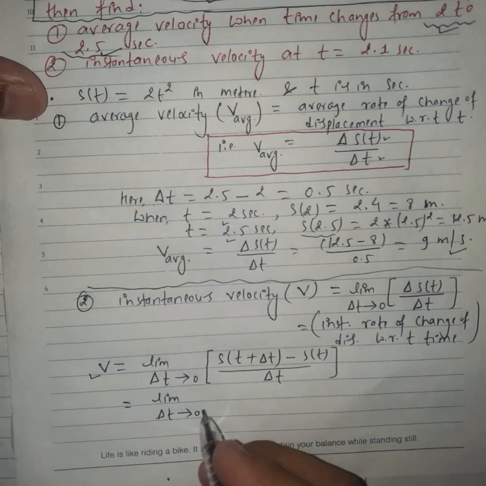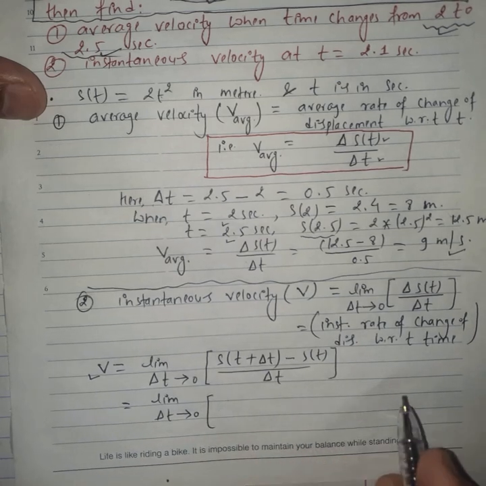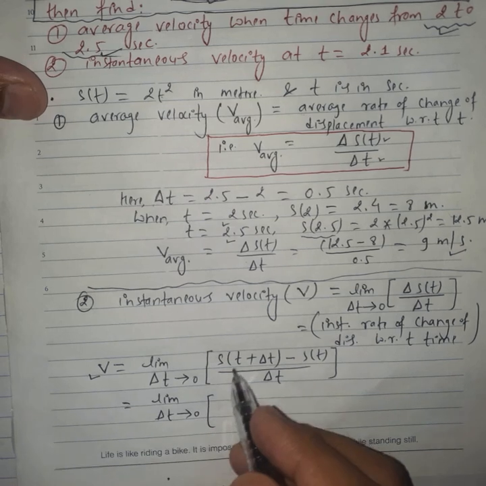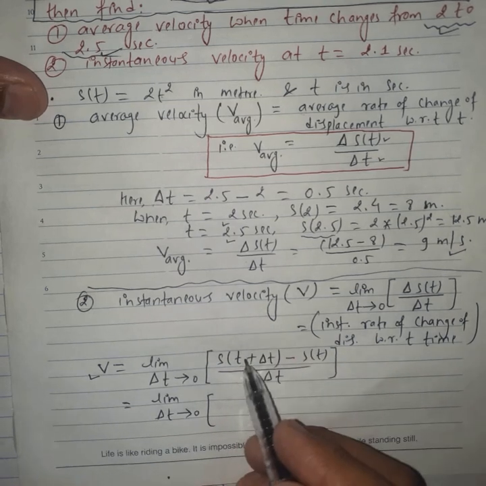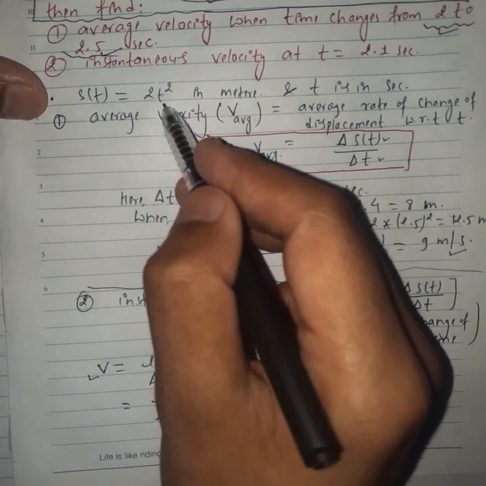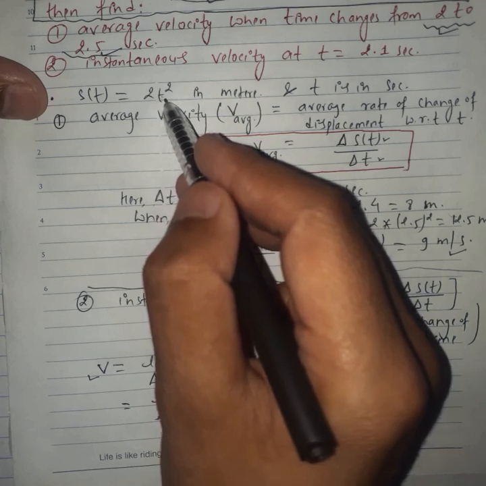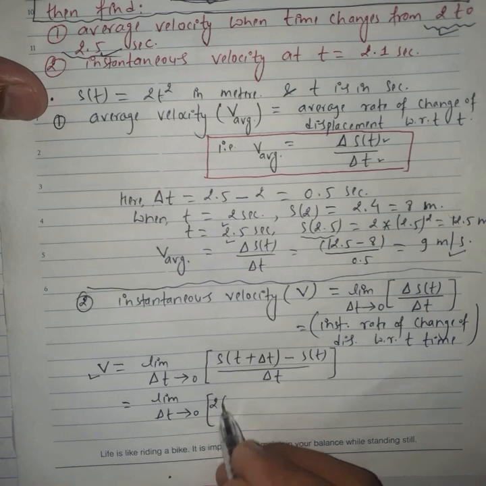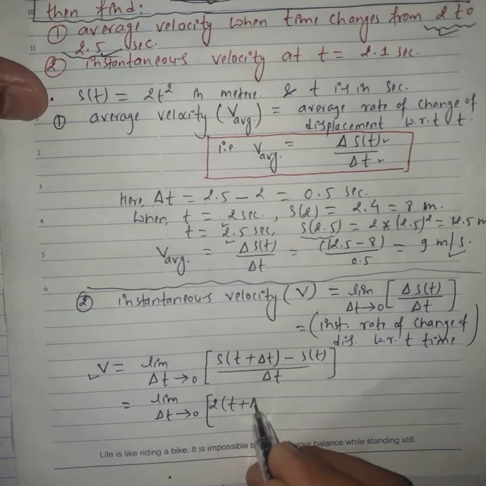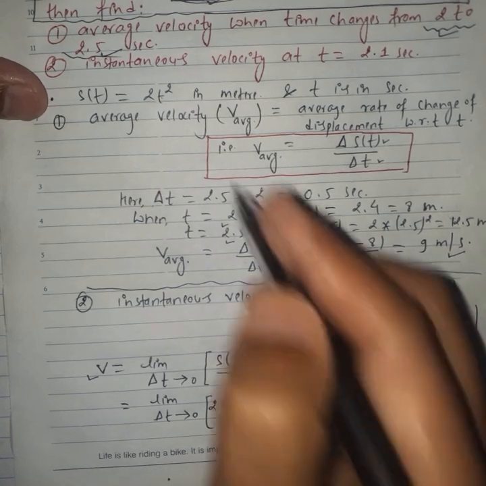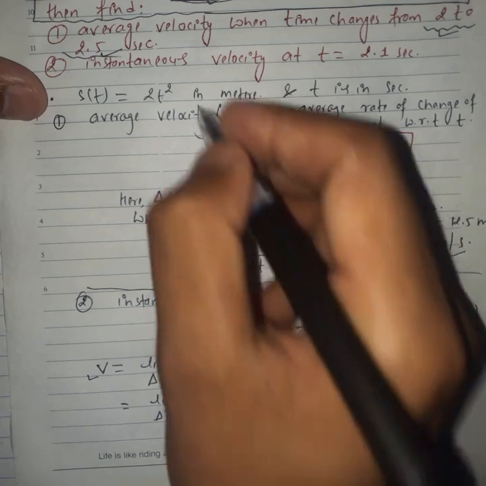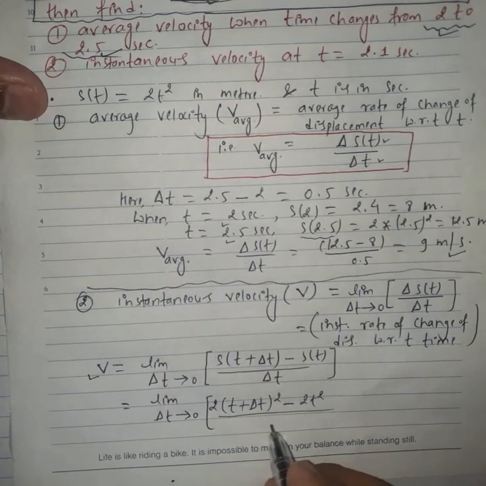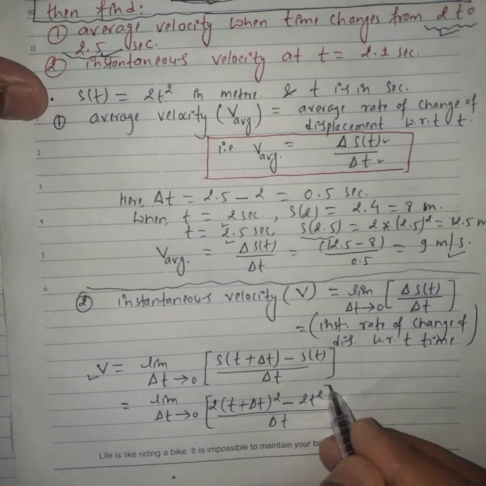Let's calculate the value of s of t plus delta t. Here s of t is given, so we just replace t by t plus delta t. So this will be 2 times (t plus delta t) square minus s of t, which is 2t square, over delta t.